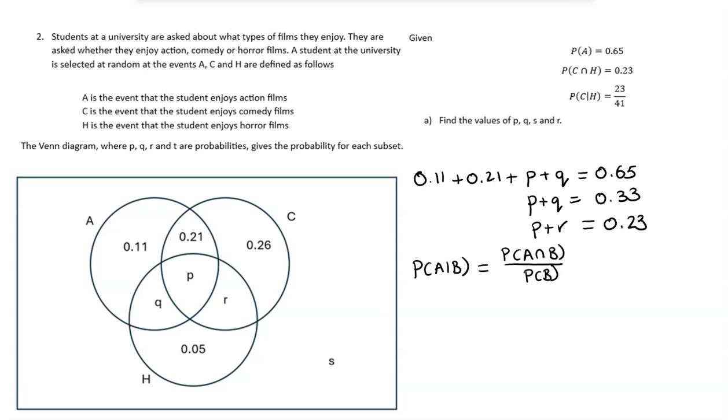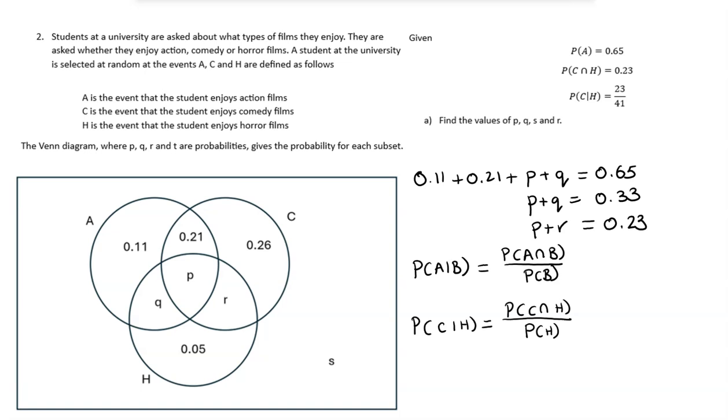The probability of A given B is the probability of A and B over the probability of B. So let's translate this into C and H. The probability of C given H means the probability that someone likes comedy films given that they like horror films, which we'll explore in a second, about whether or not they're independent.